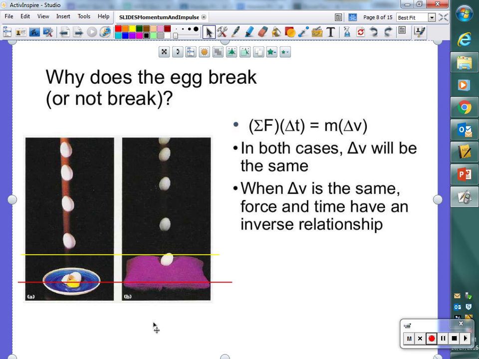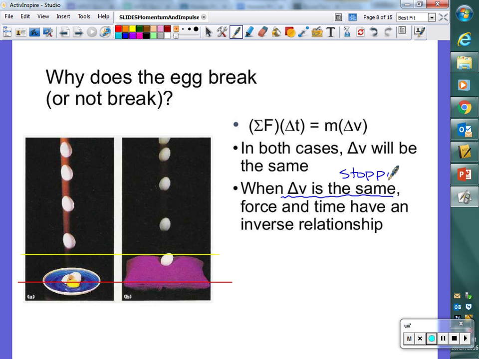So now, when the change in velocity is going to be the same, force and time have an inverse relationship. Now, when delta V is the same, a lot of times this applies when something is stopping, because eventually, what's the final velocity going to be? 0, right?